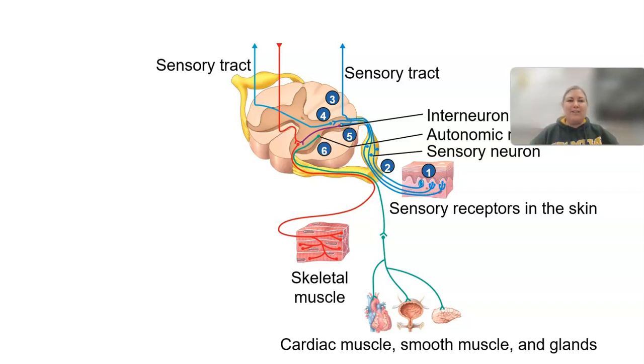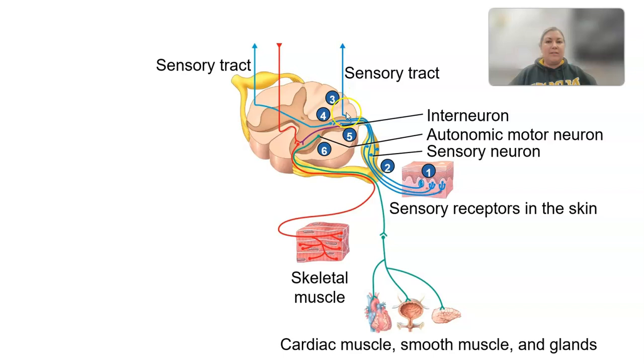Some of these reflexes are done right away in the spinal cord, and some of them do require a little bit of brain input. The autonomic motor neurons, if we have any of those reflexes, also begin in the gray matter of the spinal cord. But notice how that motor neuron goes out the posterior or the anterior side of it. Okay, so we're going to come in the back and we're going to go out the front.